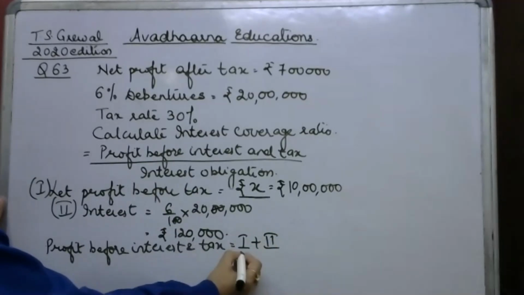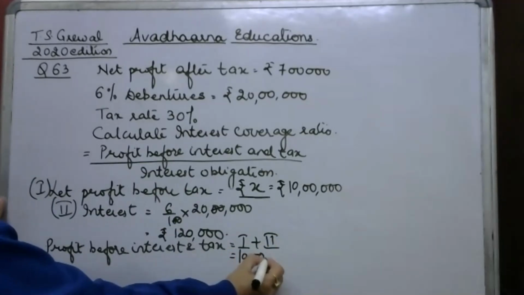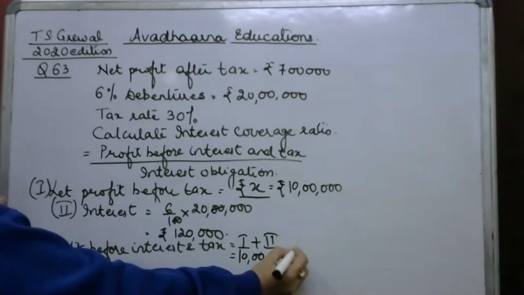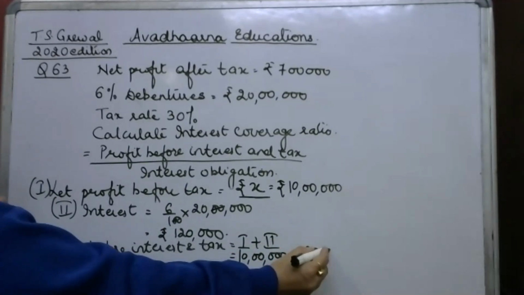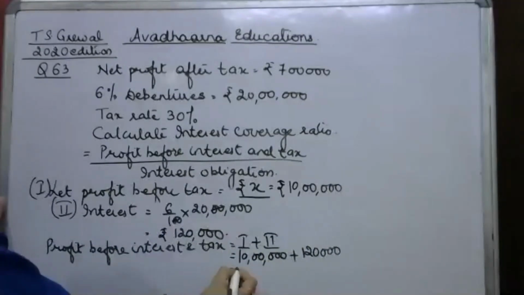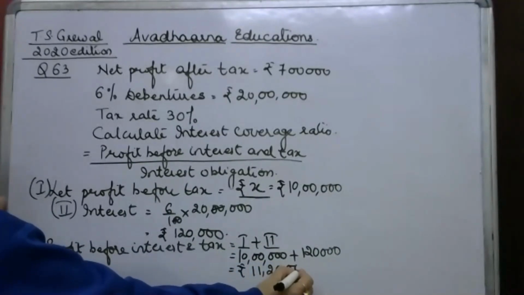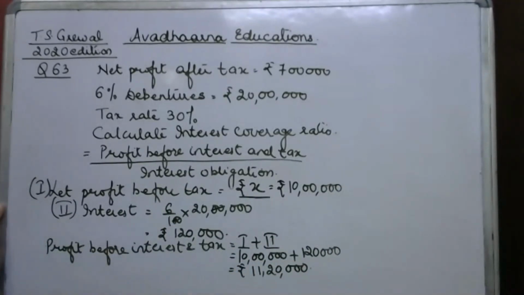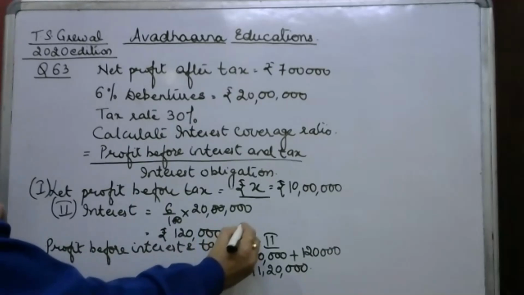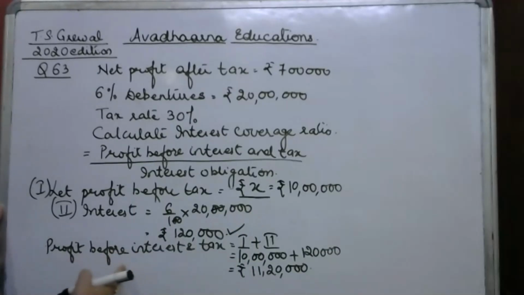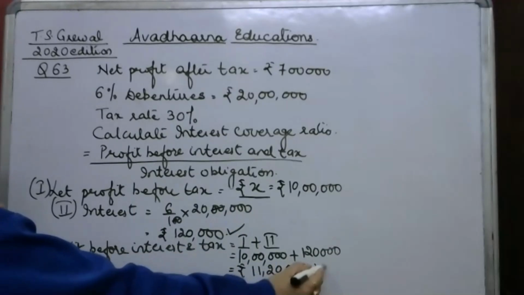So if I substitute the value, it is 10 lakh plus 1,20,000, and the profit before interest and tax would be 11,20,000. We know interest obligation 1,20,000. Profit before interest and tax 11,20,000.